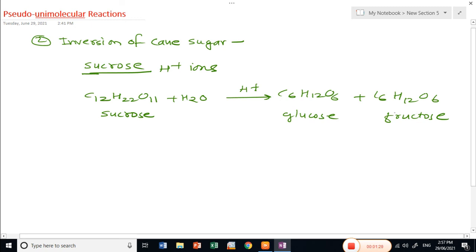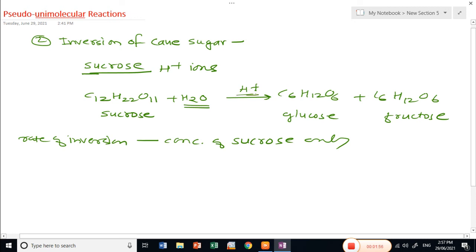Okay, so the rate of inversion depends on concentration of sucrose only. Okay, because concentration of water remains constant throughout the experiment, and H plus does not take part in the reaction because it acts as catalyst.